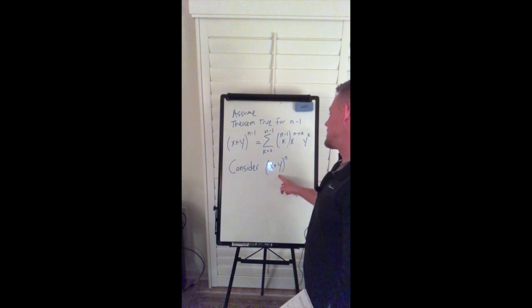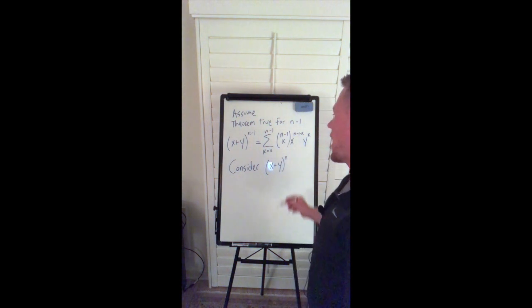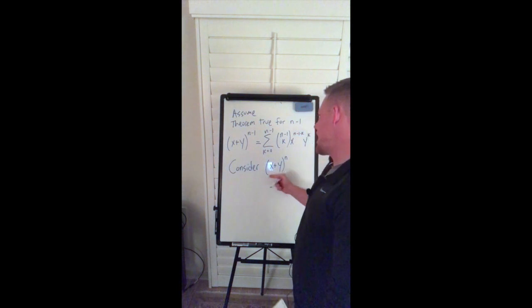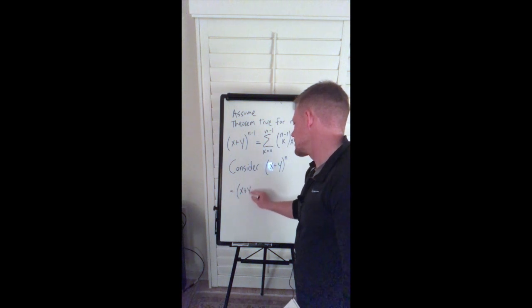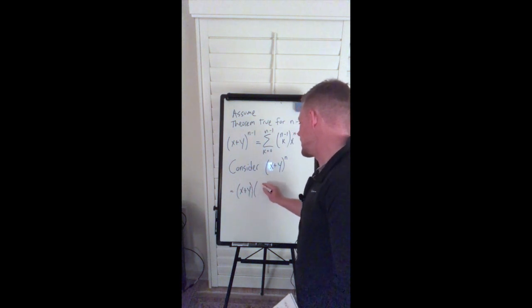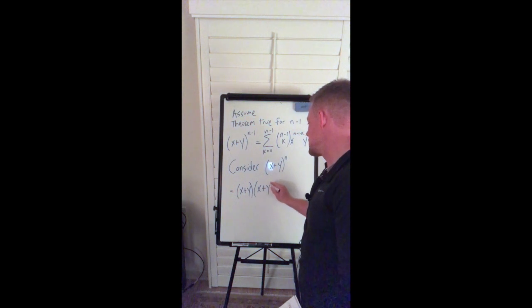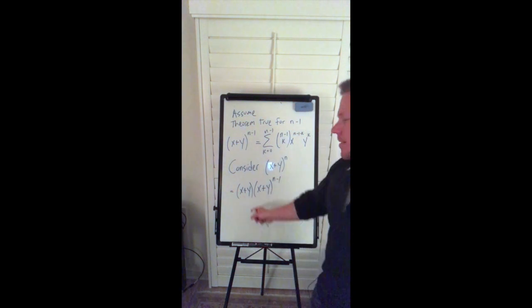Consider x plus y to the n, just that expression. How can we write that? We could factor out an x plus y if we wanted to. We know that that's equal to x plus y times x plus y to the n minus 1. Right?